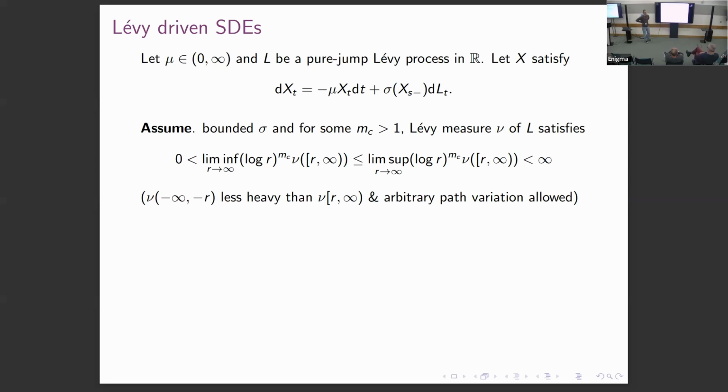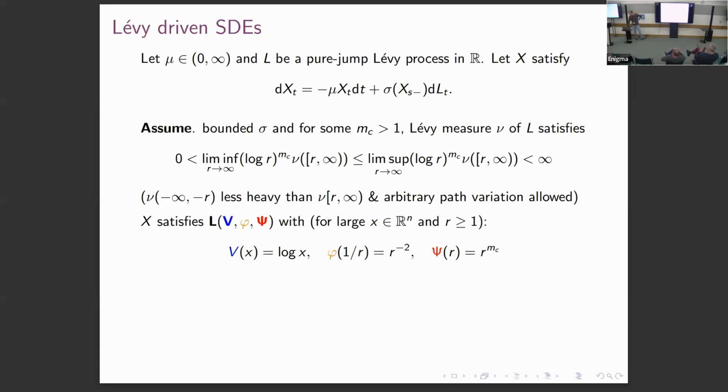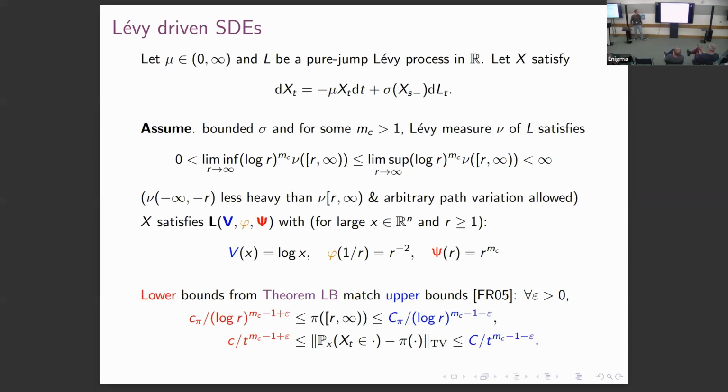And again, we wanted to see if polynomial ergodicity is optimal, and we applied our methods. We used, again, the same Lyapunov function as for upper bounds, and we got matching lower bounds on the tail of the invariant measures. Now, this model is interesting for various reasons.